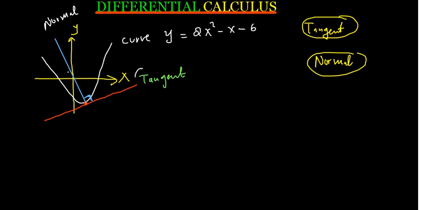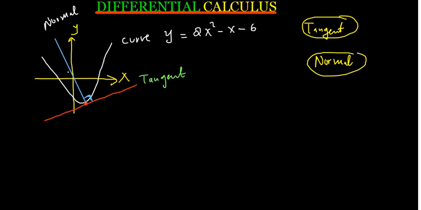Now for the tangent, since the tangent only touches the curve at one point, although not necessarily parallel, it is just a line that touches the curve at one point. Now you can see that the tangent and normal are straight lines. The curve is not a straight line.